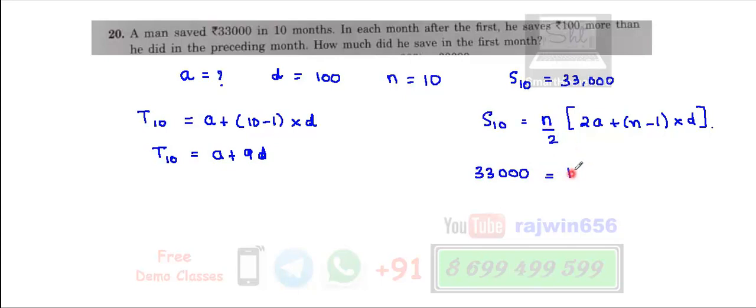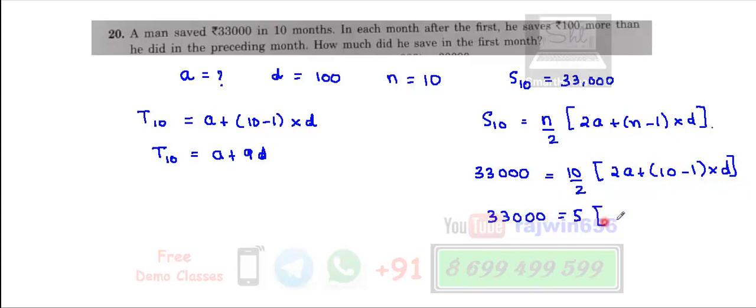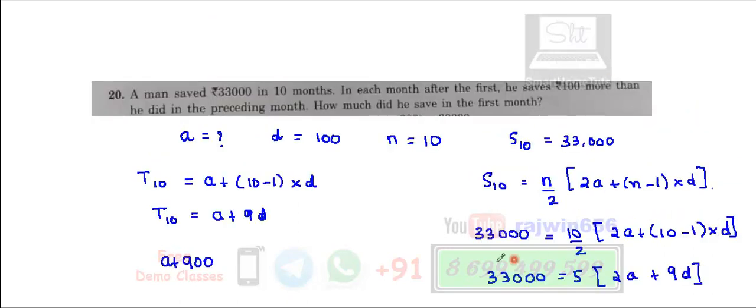This is equal to 10 upon 2, 2A plus 10 minus 1 into D. So 33,000 is equal to 5 times 2A plus 9D. So this is what we have substituted here, and we have got this equation: 33,000 is equal to 5 bracket 2A plus 9D.